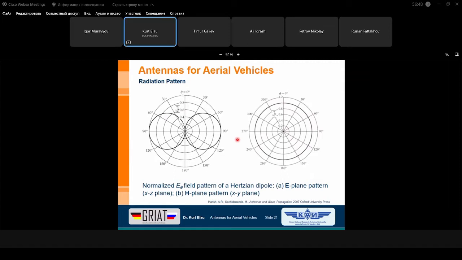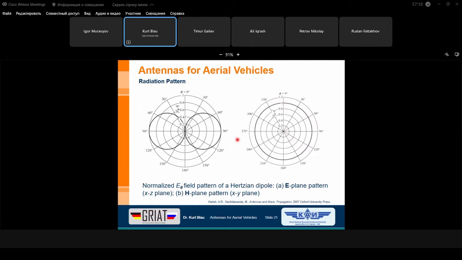And if we have a well-designed dipole, we can use this dipole, as I mentioned already, as a gain standard. It means if we want to determine the behavior or the properties of another antenna that we have designed, but we don't know exactly how the antenna works, then we can use the dipole as our gain standard.